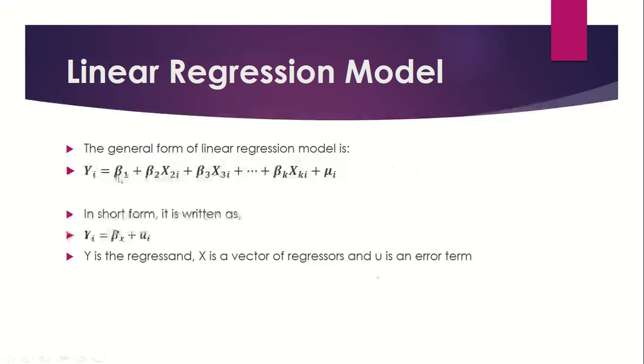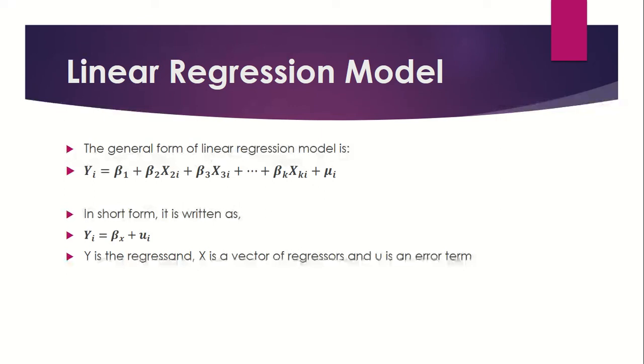yi is equal to beta 1 plus beta 2 x2i plus beta 3 x3i up till beta k xki plus mu i. Y is not a single variable, rather it is a series. So y is a full series or a column. That's why there is subscript i mentioned with y.